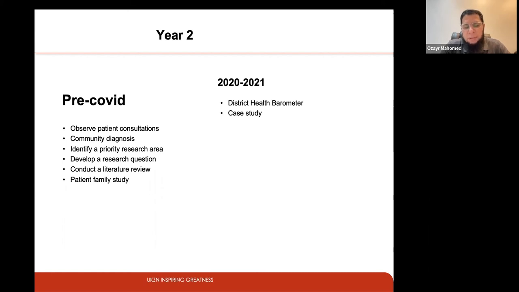Because family visits were not allowed, we provided the students with a case study of a chronic patient with all the determinants of health listed in and asked the student to analyze this. So in this way, we actually assess the students' learning outcomes and used an online platform where students submitted their assignments in Moodle together with a presentation.